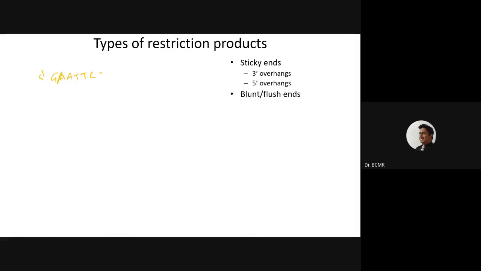And I will put this so that you will not be confused. 5 prime GAA-TTC, this is the 3 prime, and this is the cut site. If DNA was cut in that location, we would have had G and then C, TT, AA, and the other strand would be AA, TTC, and this would be the G.